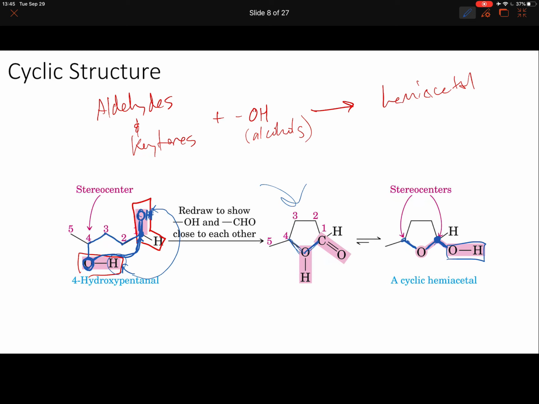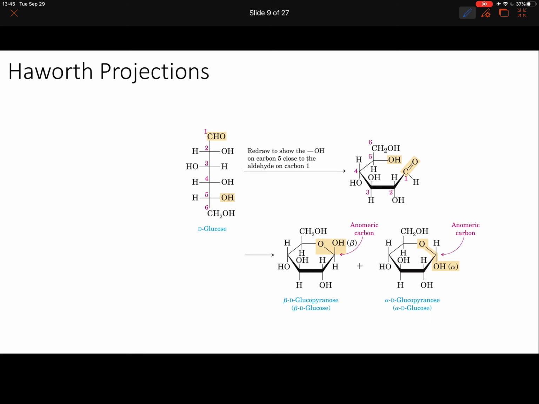Now let's look at what happens when D-glucose does this. So here is the Haworth projection. Haworth projection is this sort of ring here. And you can kind of imagine that this ring is laying flat like on a table. And the groups are either above the ring or below the ring, okay? That's the Haworth projection. So we can take this Fischer projection and we can react D-glucose.